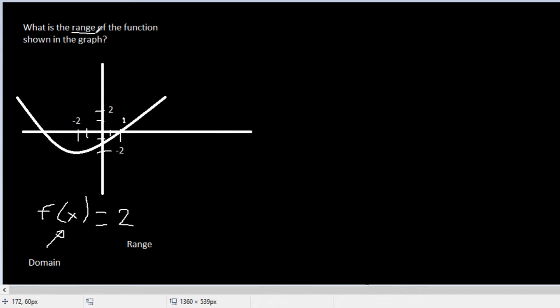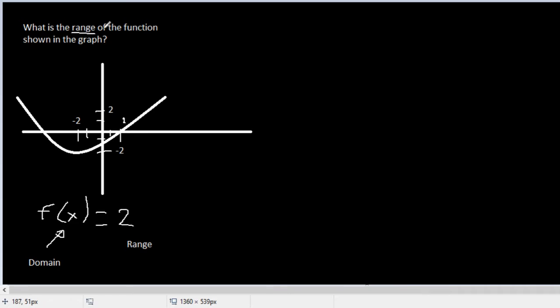In other words, if they're asking you for the range of the function, then you would look at the graph and say, well, the vertex of this parabola looks like it is at -2. And so all of the values of this parabola are greater than or equal to -2.